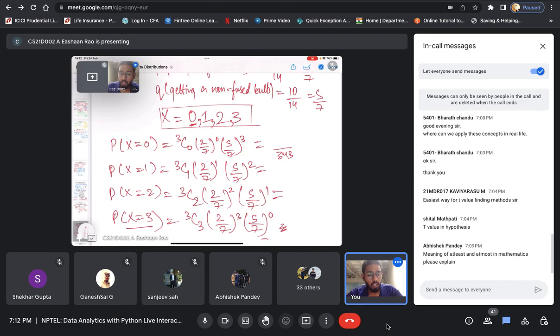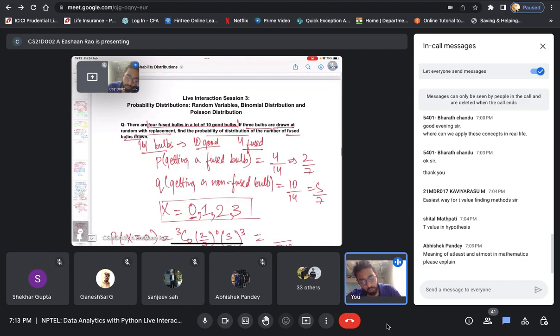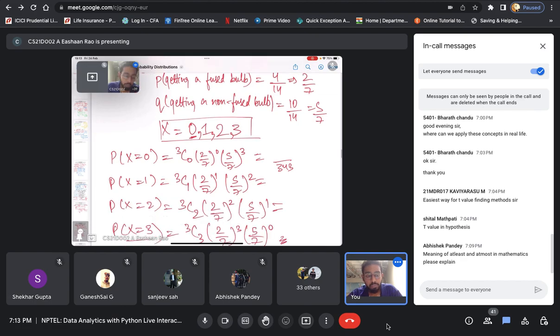So this is a question for fuse bulbs. Usually we look out for whether good bulbs are there or not. Here we take the reverse thing in terms of fuse bulbs.